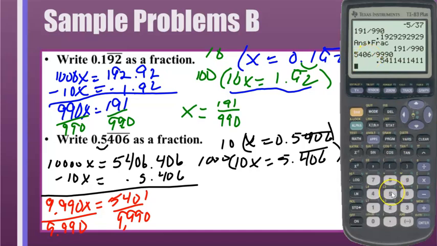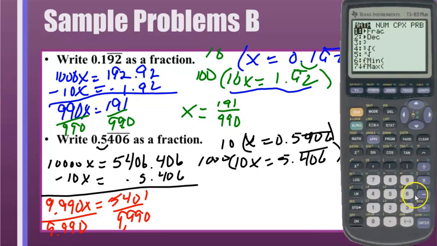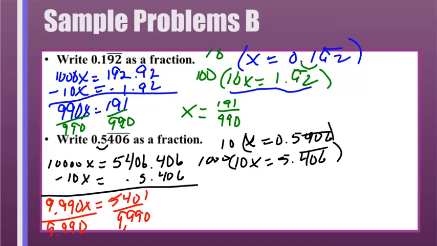It should be 5,401 divided by 9,990. That gives you the repeating decimals. So if I hit math, enter, so that would be our reduced fraction.